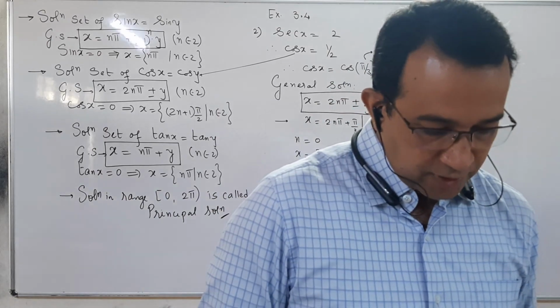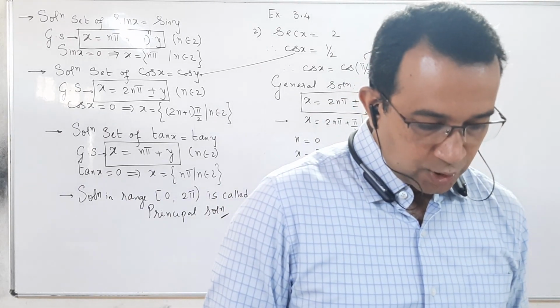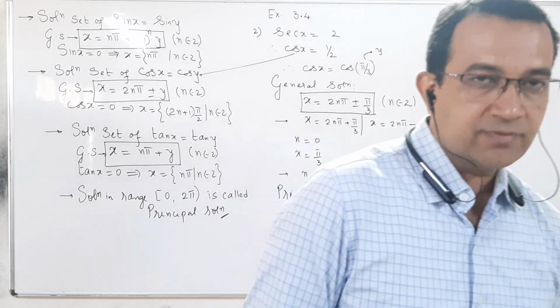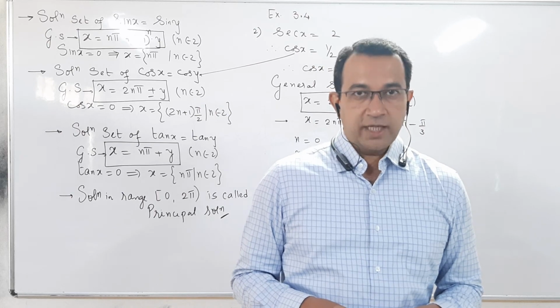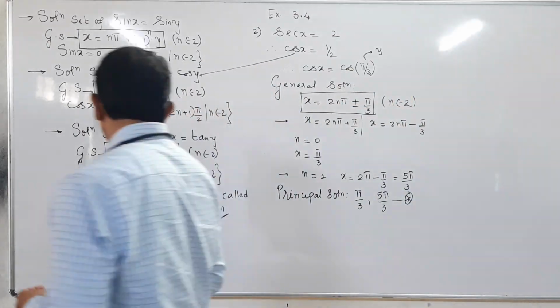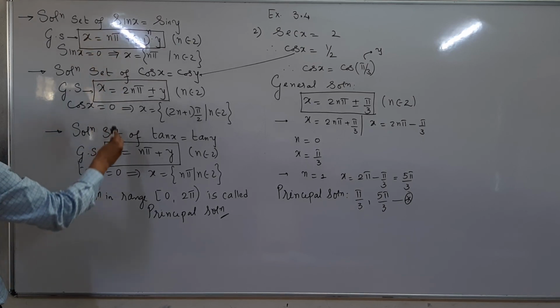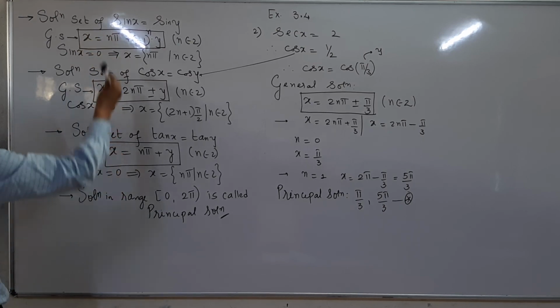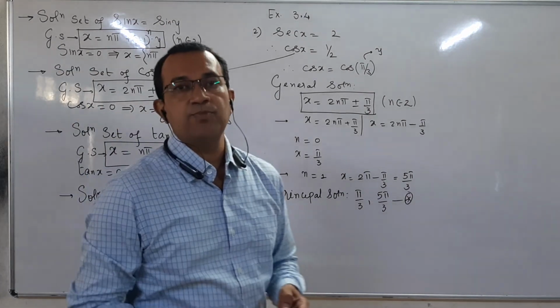Same, students, equation cos x is equal to 1 by 2, example 21 is given in the textbook. So for today's lecture, I advise you to write and memorize these formulas. These formulas are key concepts for exercise 3.4.